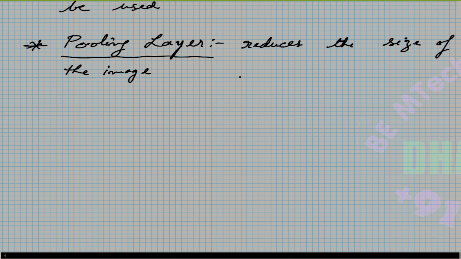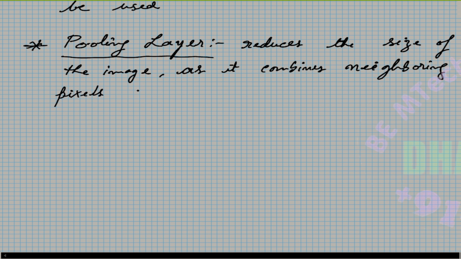So it further reduces the size of the image, as it combines the neighboring pixels of a certain area of the image into a single representative value.